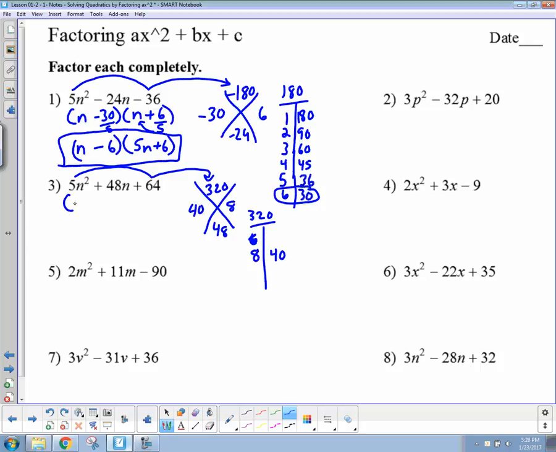So n plus 48, what am I saying? N plus 40, there we go. Parentheses n plus 8. Again, don't forget we're dividing by 5. So n, 40 divided by 5 is 8. Bottoms up, so 5n plus 8. And boom, done.